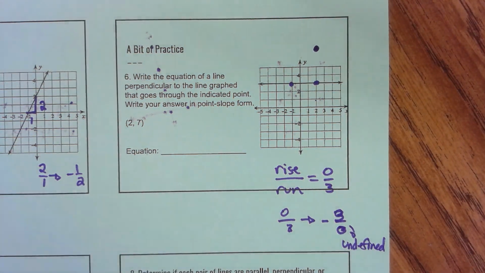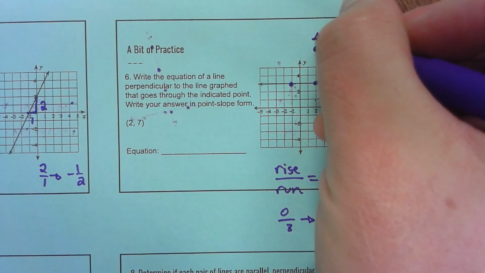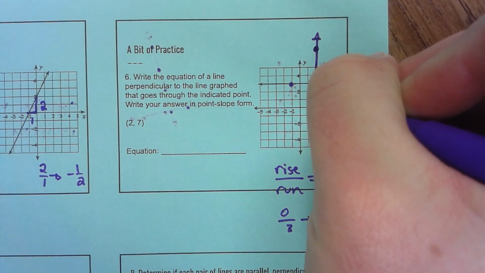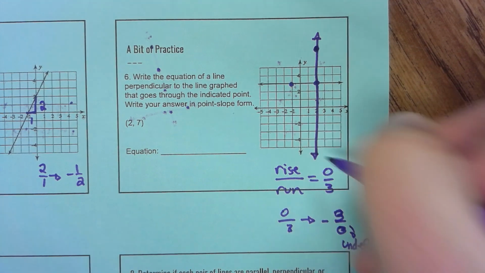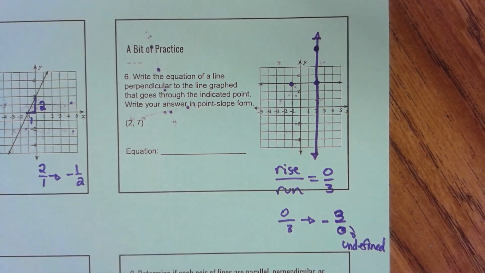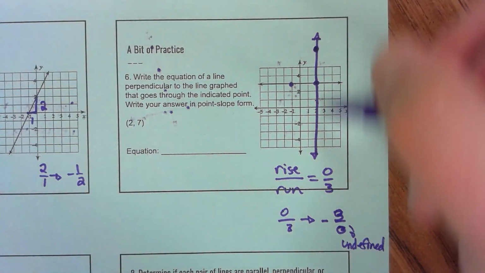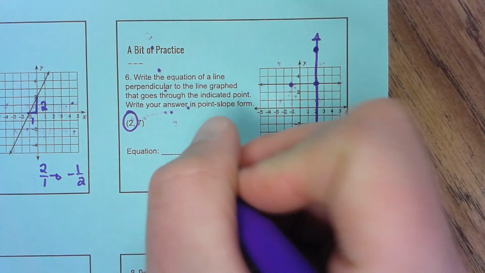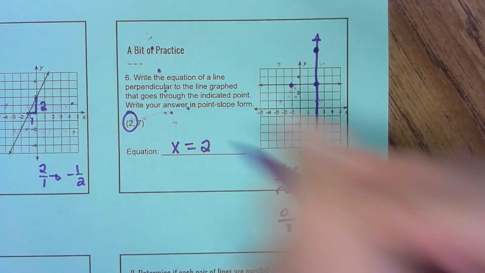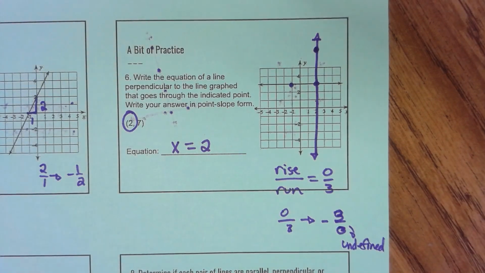I know that perpendicular lines make four 90-degree angles, and so this line has to be perfectly vertical and pass through that point. And maybe after you graph that line, you might go, oh wait, that's a vertical line where the x-coordinate doesn't change. The x-coordinate is always the same at x = 2. So that equation is just x = 2. There's no slope in that equation, or at least no slope that is being communicated.